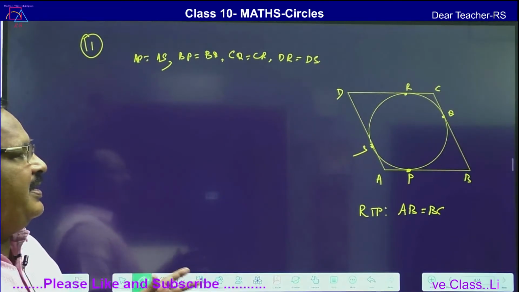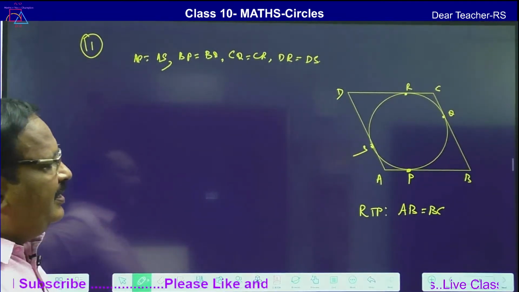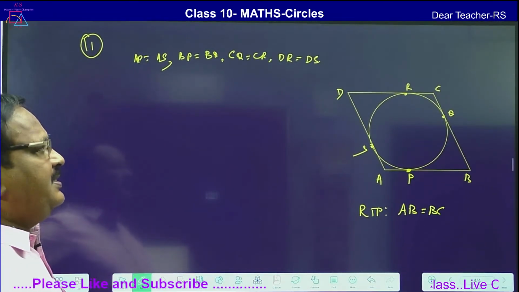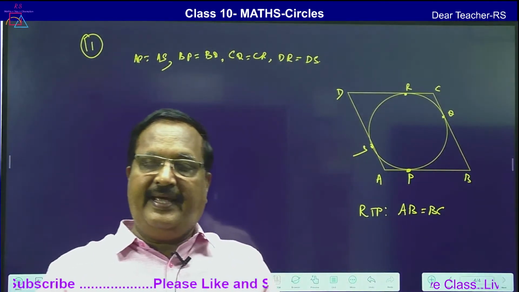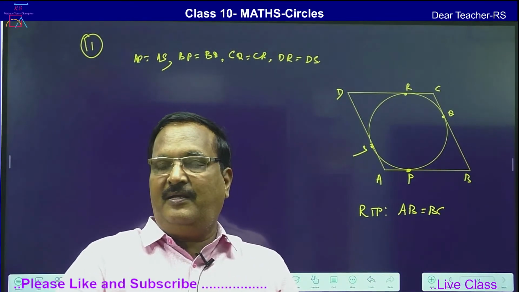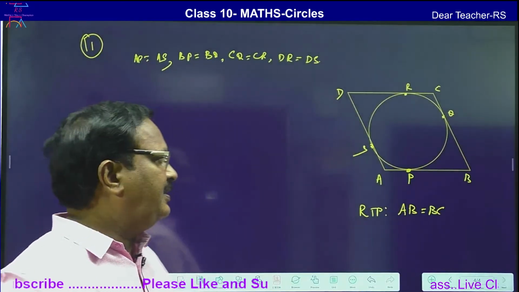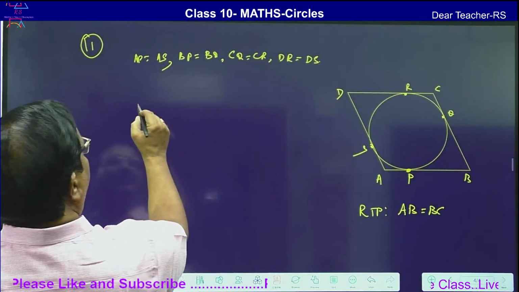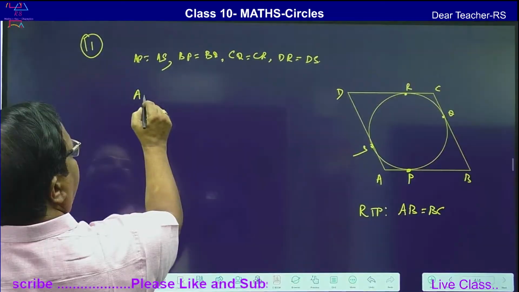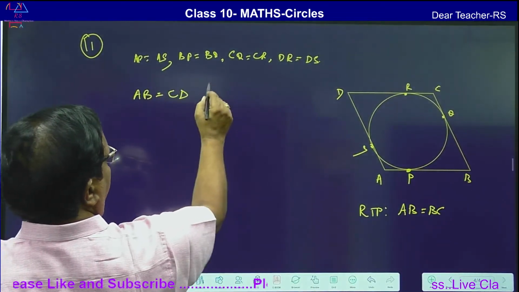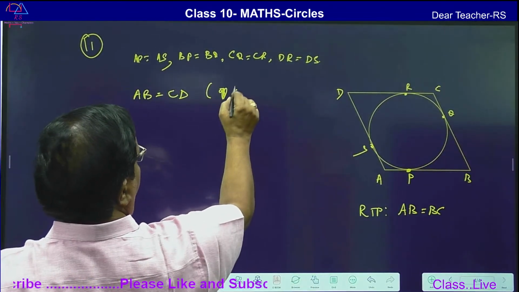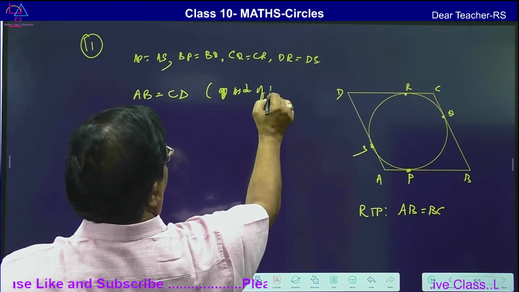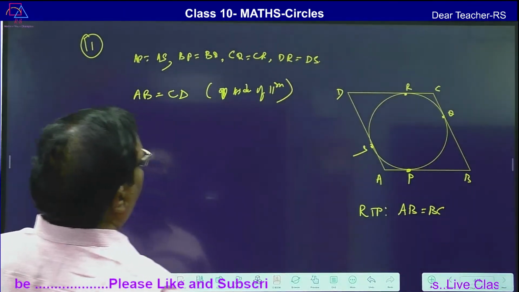Okay, so now because it is a parallelogram, AB is equal to CD. In a parallelogram, you can take one property: opposite sides are equal. So AB is equal to CD because opposite sides of a parallelogram are equal.